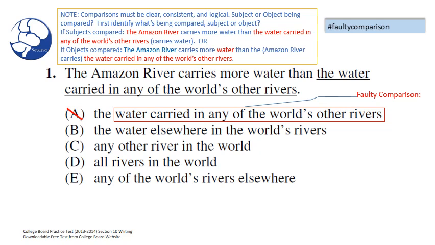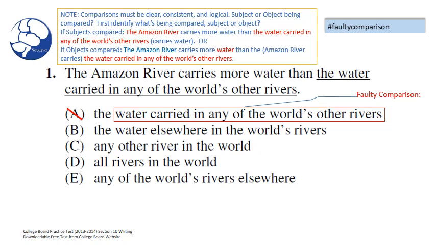In A, if the subjects were compared, and if we were to write the whole thing out, we would have a sentence that appears something like this. The Amazon River carries more water than the water carried in any of the world's other rivers carries water.